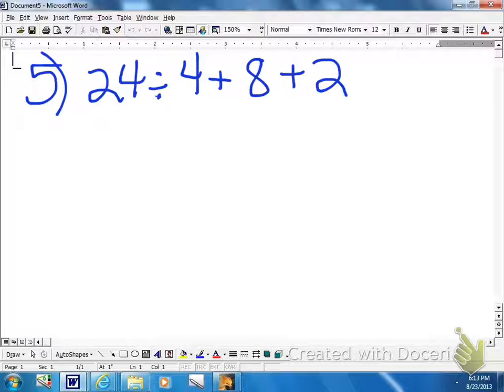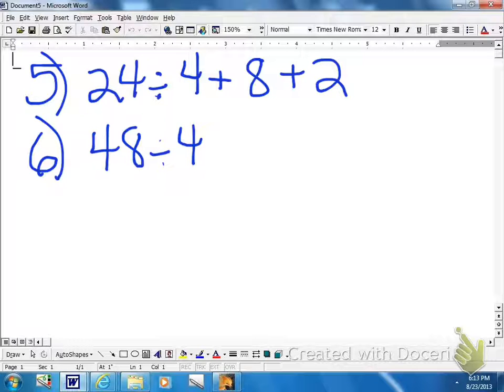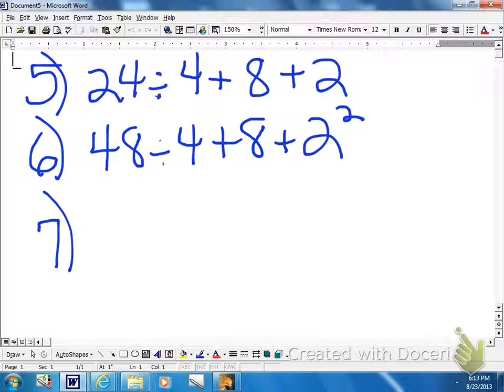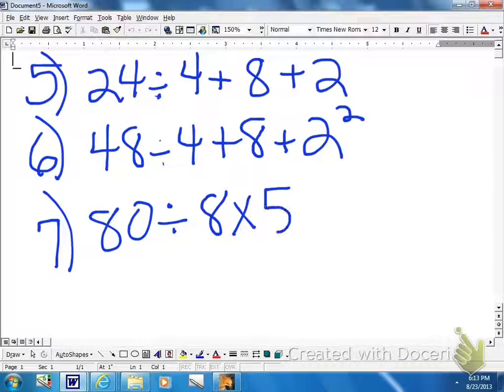Number 6, you want to give yourself quite a bit of room under these, so don't write them like I am. 48 divided by 4 plus 8 plus 2 squared, and this is in your book. And then go ahead and try number 7. 80 divided by 8 times 5 plus 4.